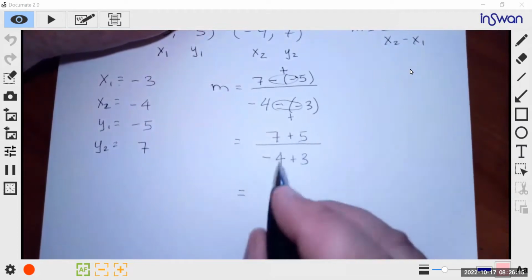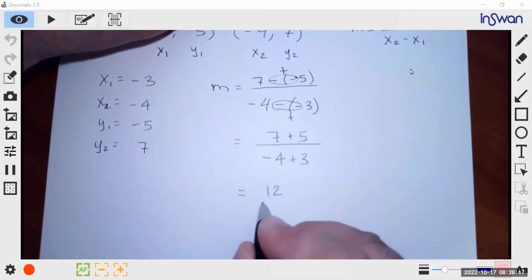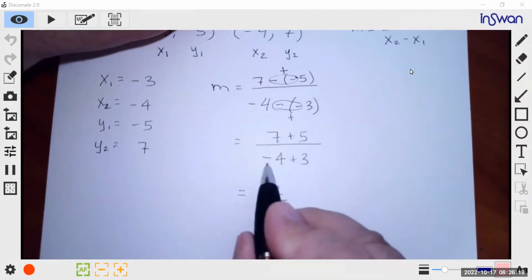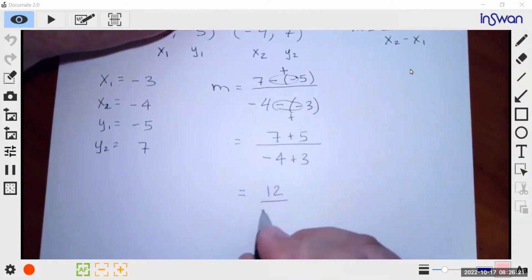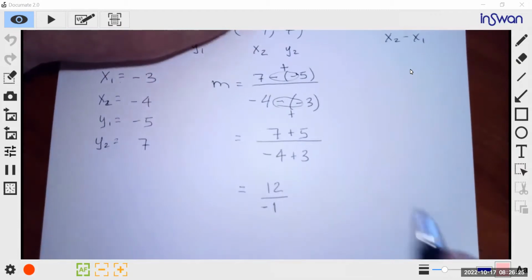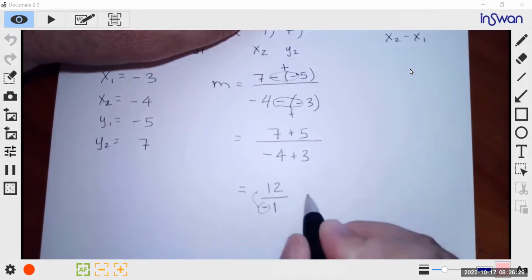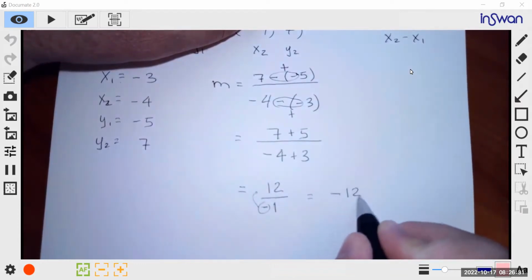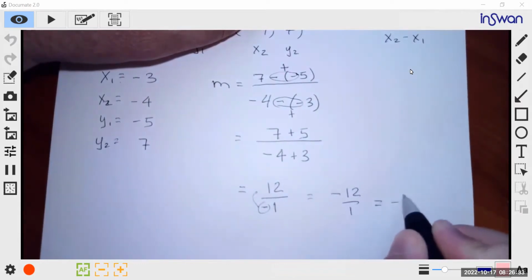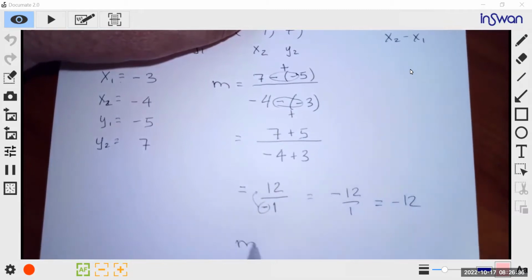Top, 7 plus 5 is 12. Since they're opposite signs, 4 is bigger, so it's negative. 4 minus 3 is 1. Negatives go to the top, so this becomes -12 over 1, which makes it -12. That's my slope.